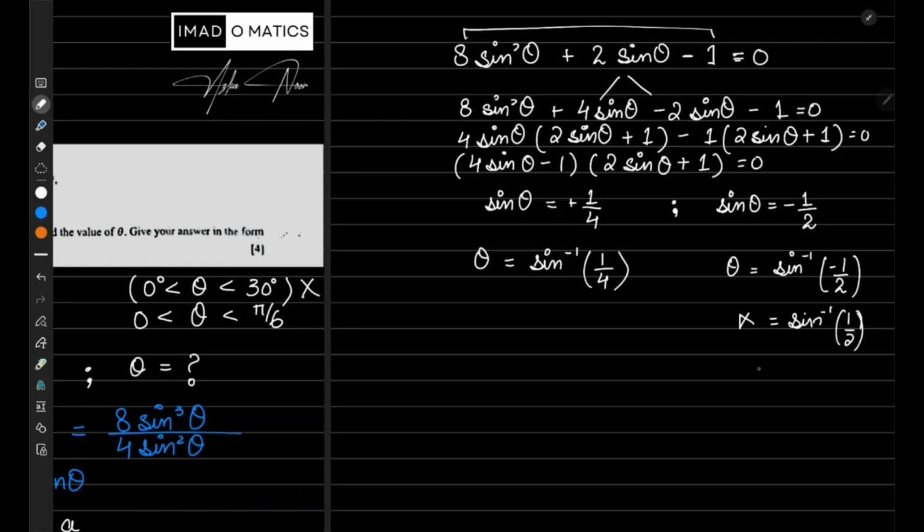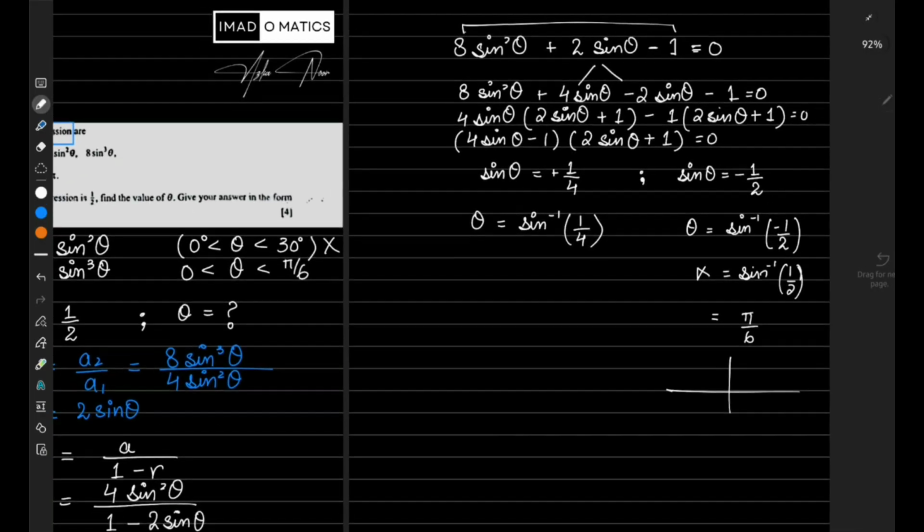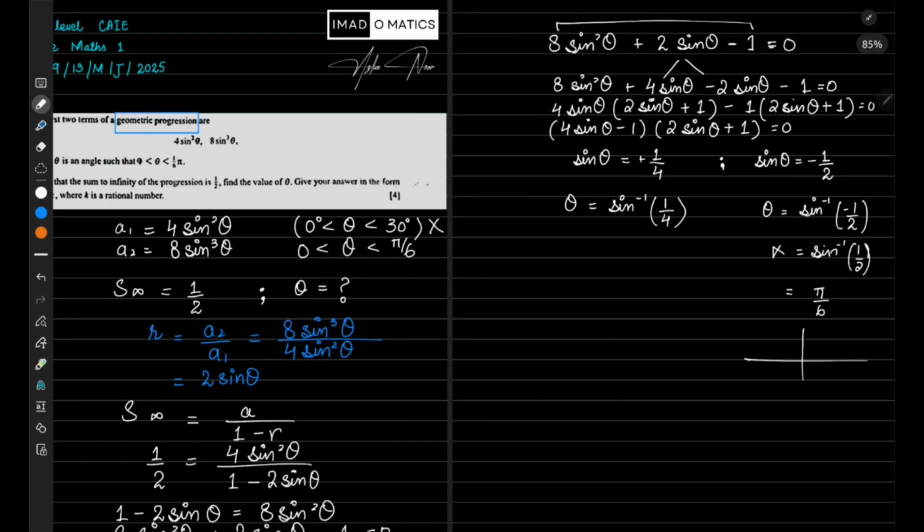Sine inverse of 1 over 2 is pi over 6, but that must be negative. Also, you don't have a range other than just from 0 to pi by 6. But this is minus pi by 6, so it doesn't come in the required range. So this will be rejected. So we are going to reject this angle. Not possible, or rejected.